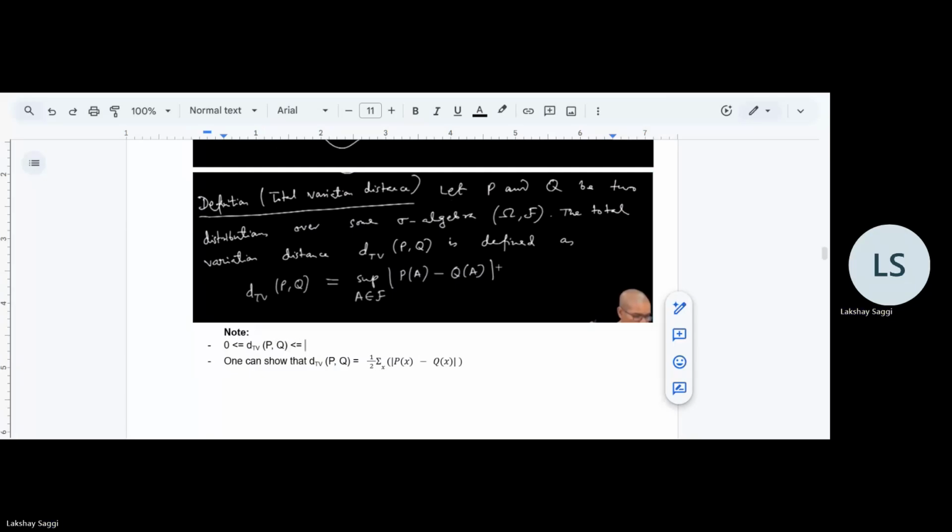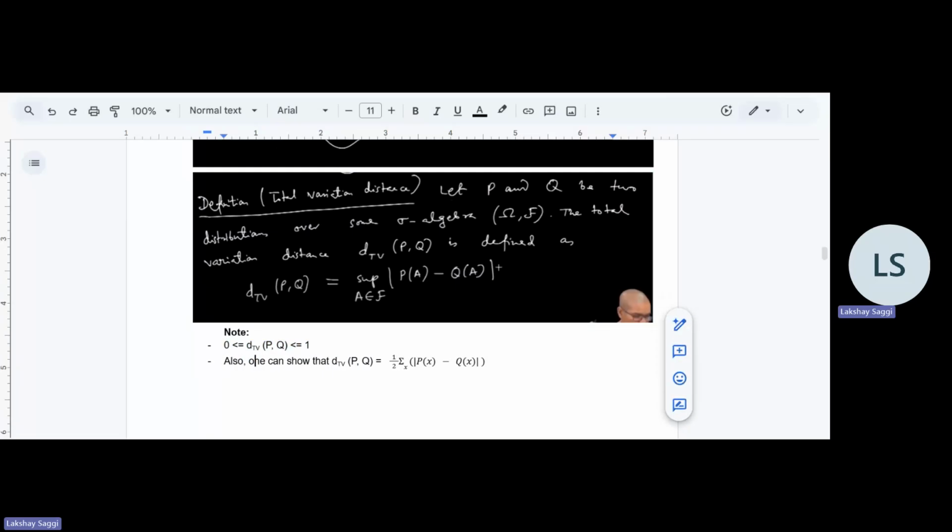Since the mod is always greater than or equal to 0, the supremum is also greater than or equal to 0. Also, P of A minus Q of A is always bounded by P of A, which is the probability of the set of events A happening, and hence is always bounded by 1. So this is a quite important property: total variation distance always lies between 0 and 1.